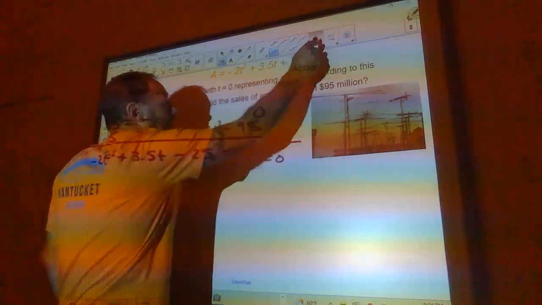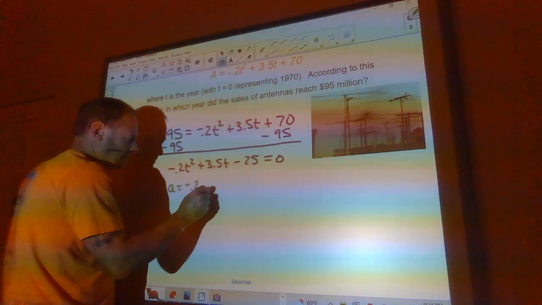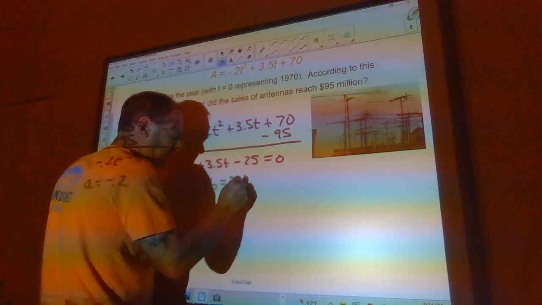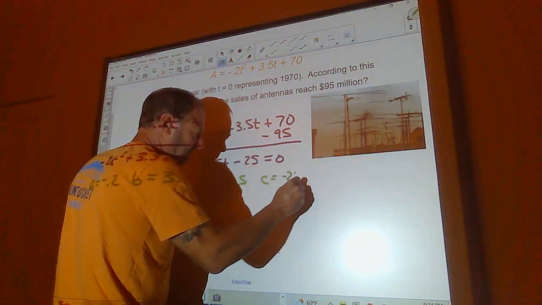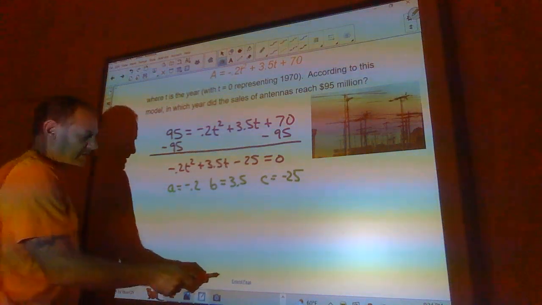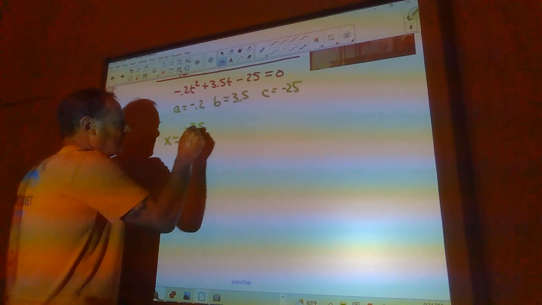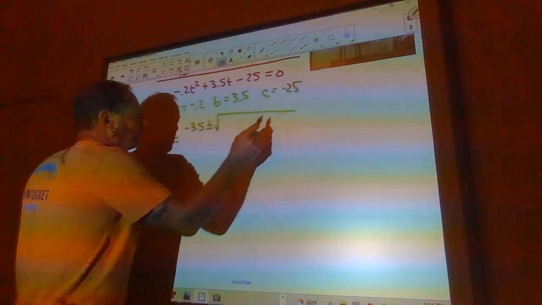So my A is going to be -0.2, my B is going to be 3.5, my C is going to be -25. So x equals -b plus or minus the square root of b squared.